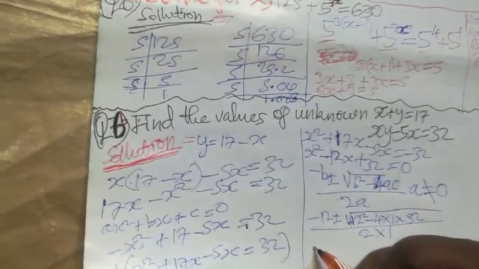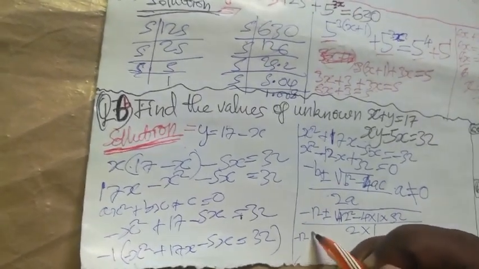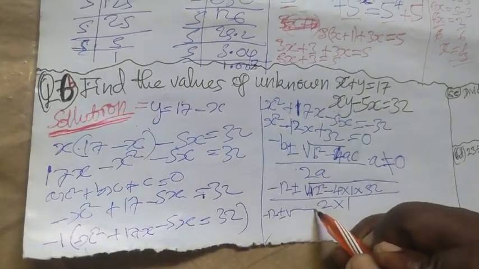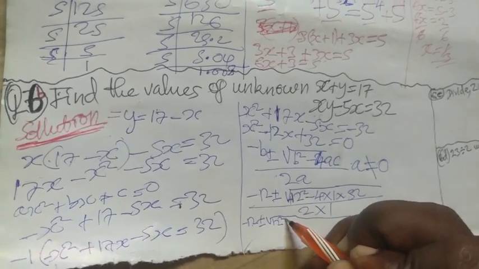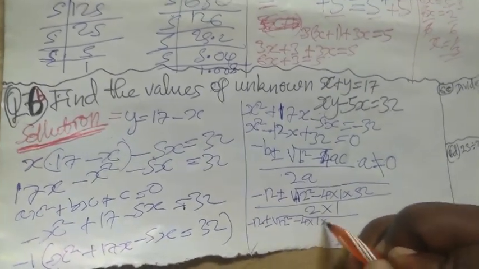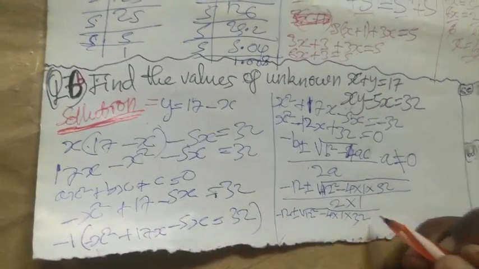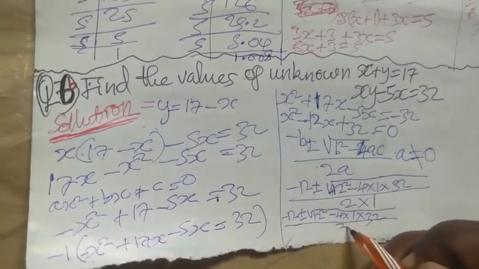This will further give us 12 plus or minus the square root of 12 squared minus 4 times 1 times 32, all over 2.